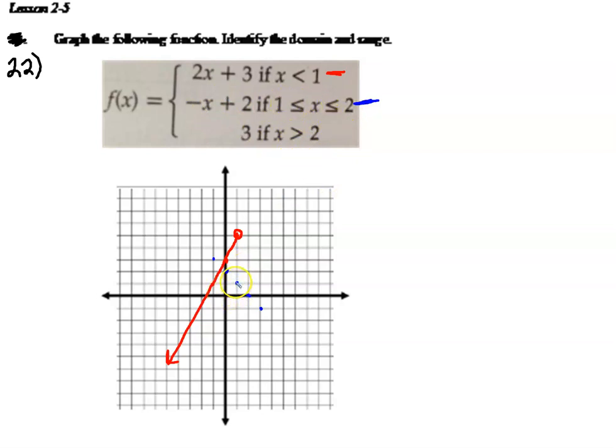Well, here's where x is 1 on this blue line, and here's where x is 2 on this blue line. So really, all I'm going to show is all the x's in between, and I'm going to include x is 1 and x is 2 because it says or equal to. So these are solid circles, and all the other points you can just erase.